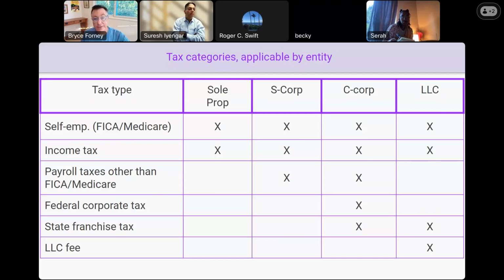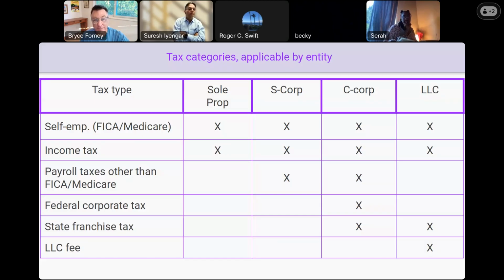So notice that whether you're a sole proprietor or an S Corp or a C Corp or an LLC, you're going to pay the self-employment tax, which is Social Security and Medicare. I've shown it as FICA here. Sorry, that's just me going into payroll terminology, but it's Social Security. And then your income is also subject to income tax, no matter what entity.